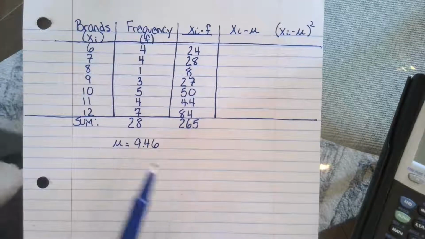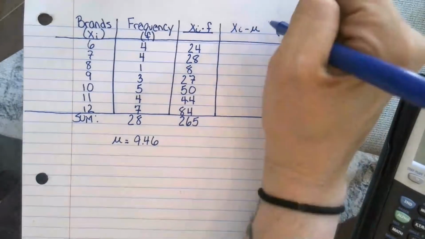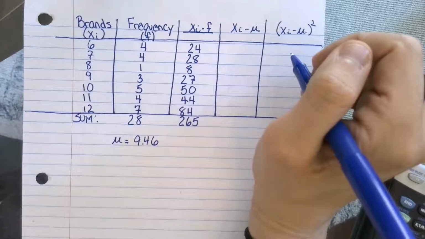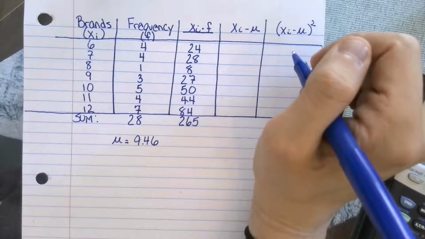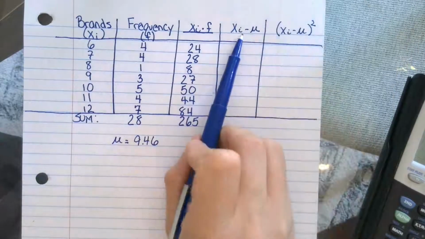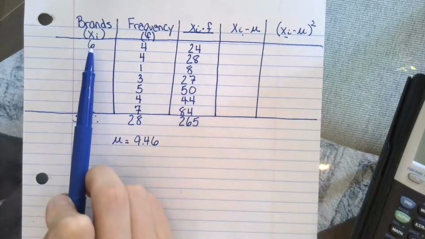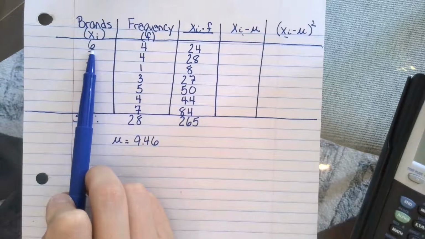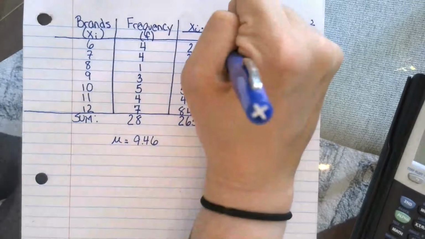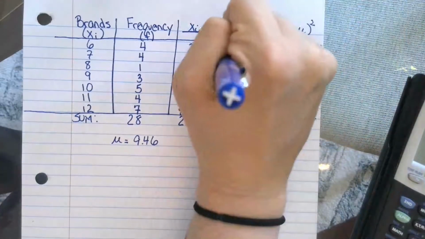Okay, so picking up where we left off in the first video for example 4, I've expanded my table so that I can compute these values that I need here. Since I'm focusing on calculating this column and this column, I'm going to take my 6 and subtract my 9.46 from that. So I'm going to get negative 3.46.